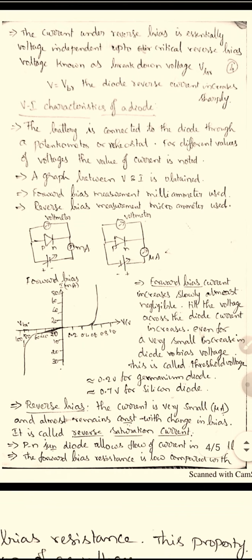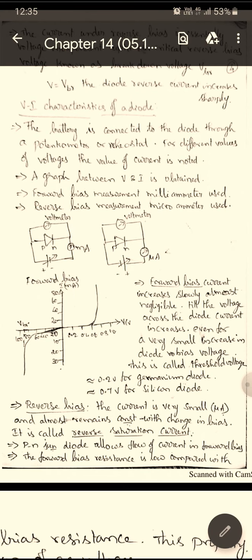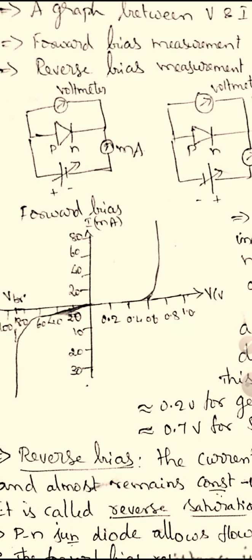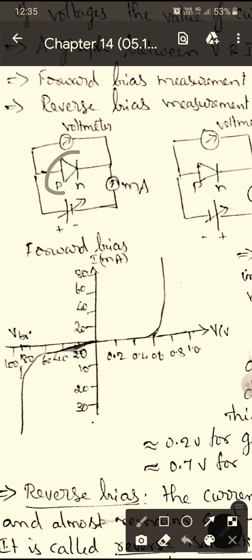Then we can see the VI characteristics, that is, the voltage-current characteristics of a diode. The battery is connected to a diode. See here, it is in forward bias. In forward bias, the battery is connected to the diode, and it is connected to a voltmeter and a milliammeter.